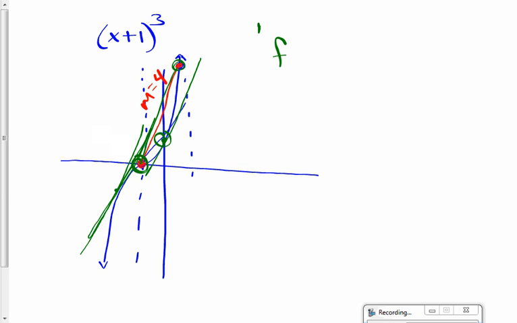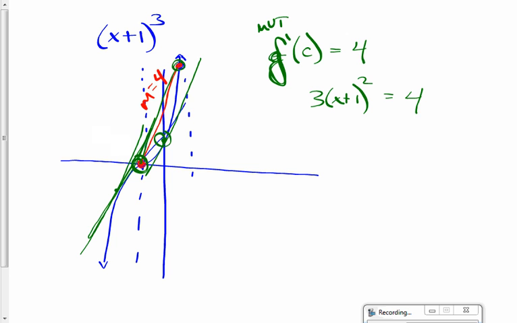We said the MVT guaranteed that f prime of some point C is 4. Actually, it was a G, though it doesn't matter that much. And we said that G prime was this thing. If we set that equal to 4, this is the slope of the secant and this is G prime. Those two have to be the same, and we're algebraically finding for what x value it's true.